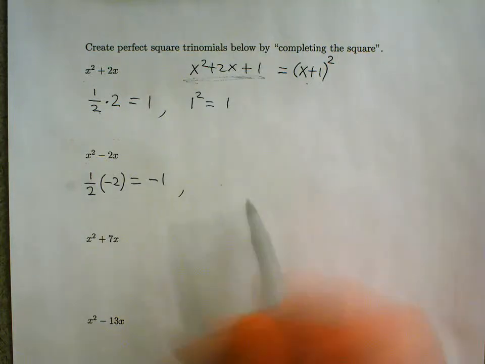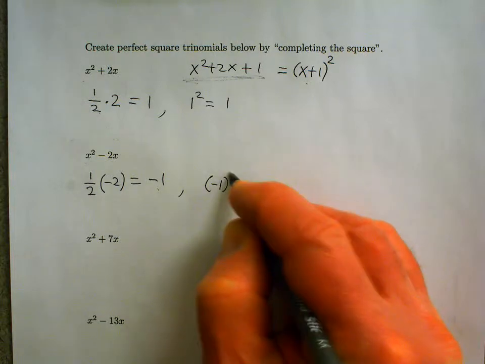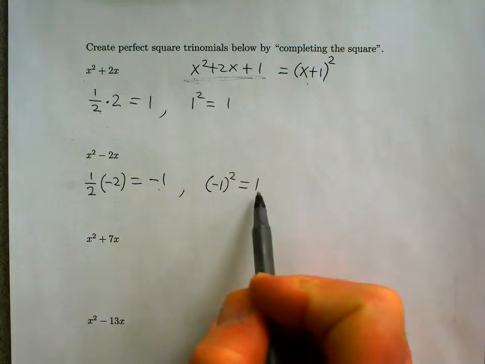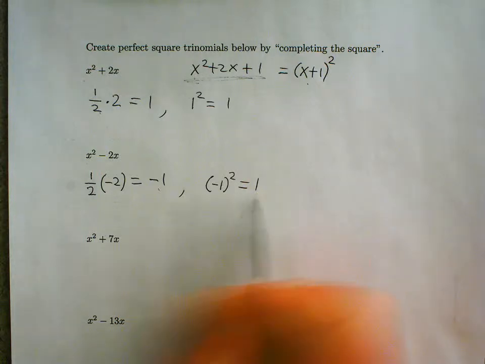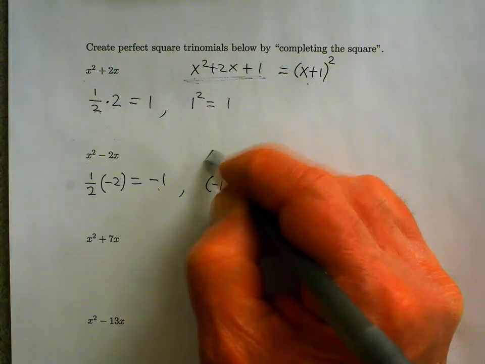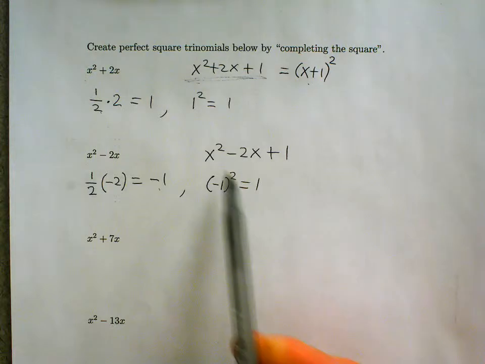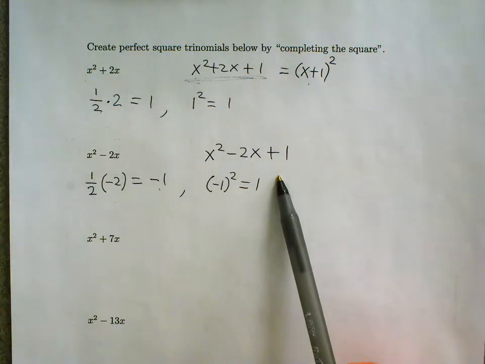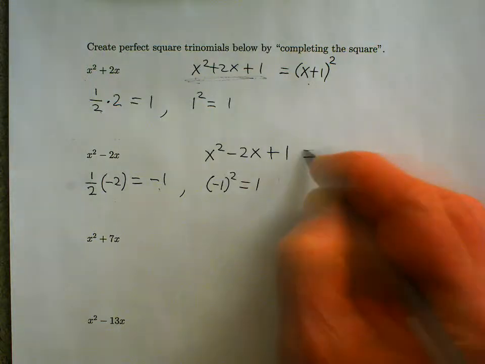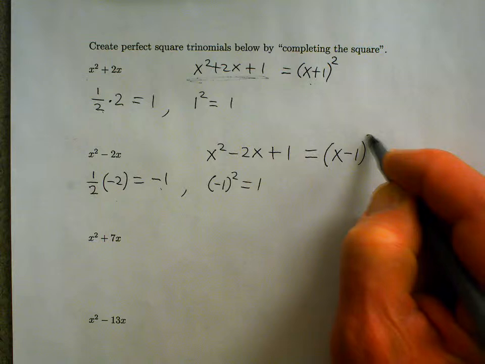In the next step, we square this number -1. So -1 squared is +1. And then if we add 1 to x squared minus 2x, we now have a perfect square trinomial. So x squared minus 2x plus 1. When we write it in factored form, this one will be the binomial x minus 1 squared.